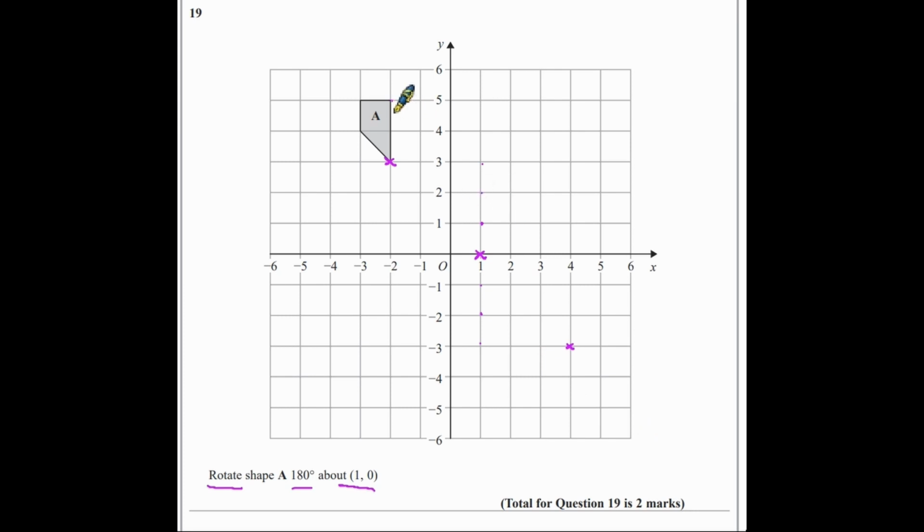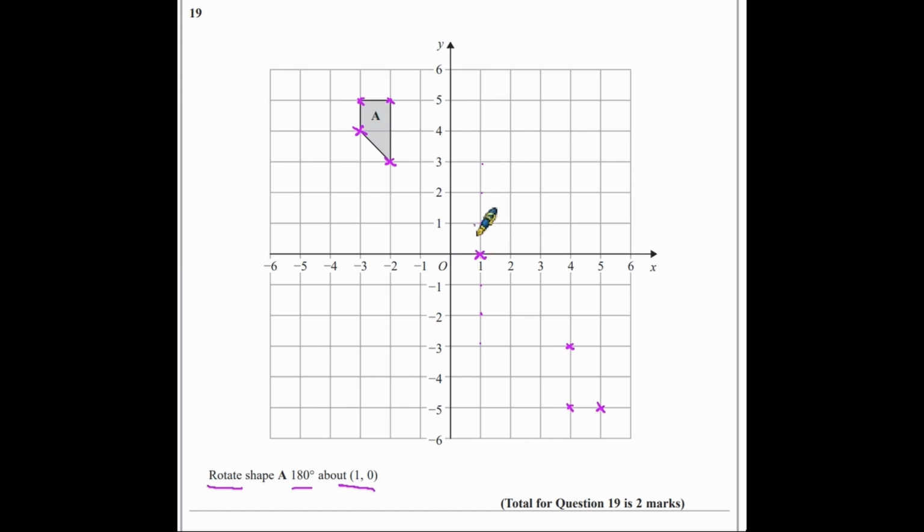Let's pick another point. Let's pick this point at the top right hand corner. This is 5 up and 3 back, so we're going to go 5 down and 3 back, and we end up here. The top left hand corner from our point of rotation is 5 up and 1, 2, 3, 4 back. So we're going to go 1, 2, 3, 4, 5 down and 1, 2, 3, 4 to the right. You can see the shape taking place. Let's just check the final corner, which is here.